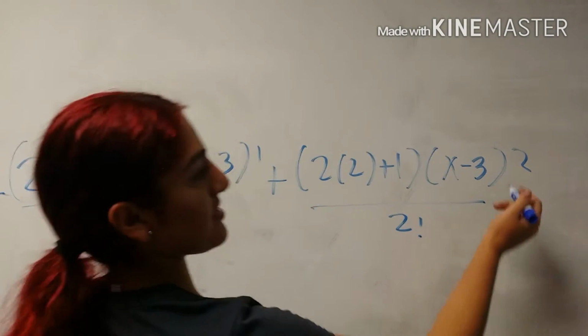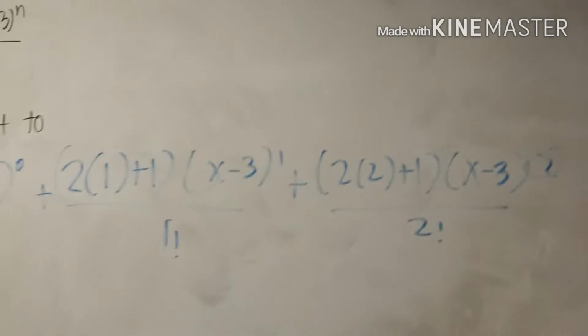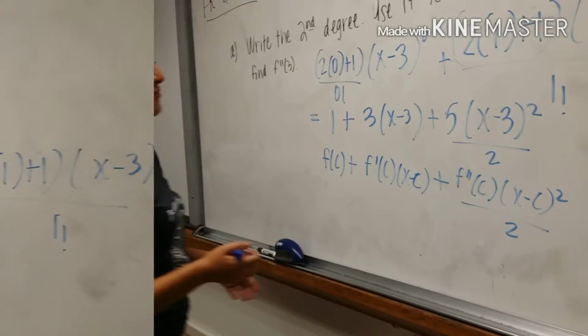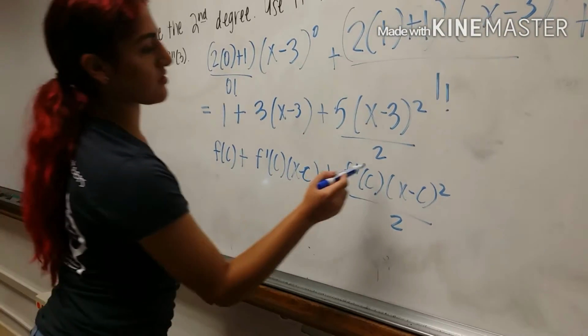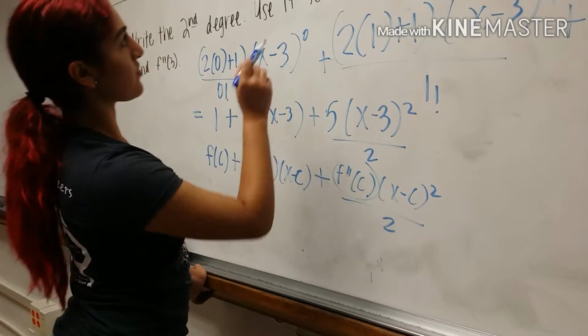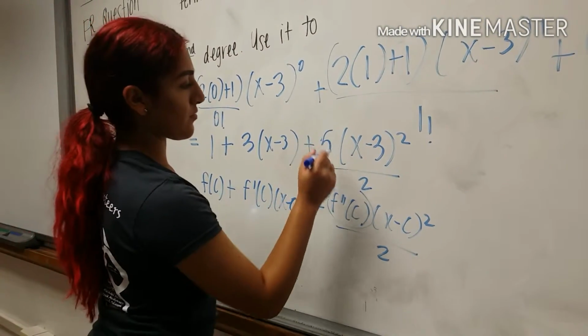You'll stop there because it said second degree. Then once you simplify, you'll have it look like the original setup, and so it says f double prime of c, and the center of this one was 3, so f double prime of 3 would be 5.